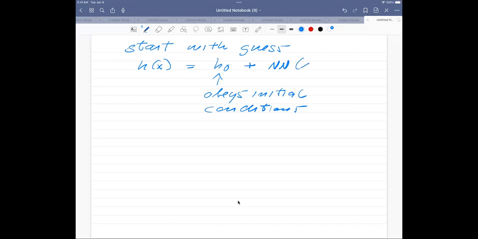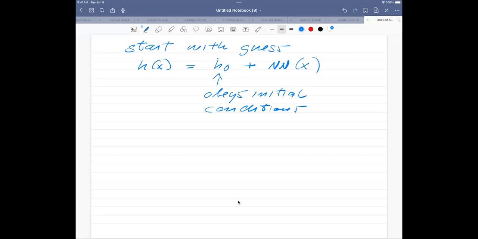NN stands for the neural network, where this is given by x. So we could start with a given guess, where the neural network now is initialized with random values for the weights and the biases. But then we need to have in the solution here, which we're setting up, the ansatz for the solution, we need to have information about the initial conditions. And later, when we are moving into partial differential equations, we need to bake in information about the boundary conditions. Okay? So it's actually pretty straightforward.